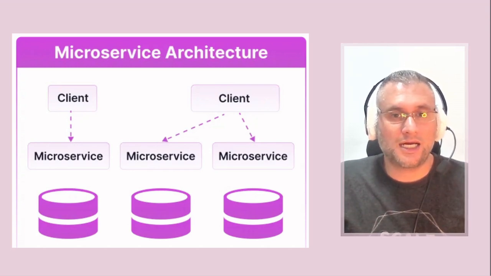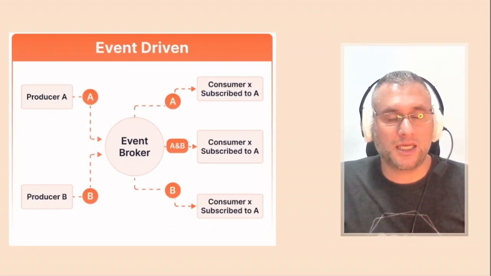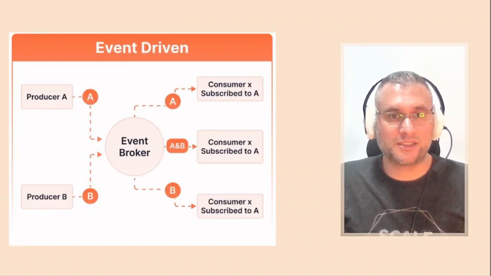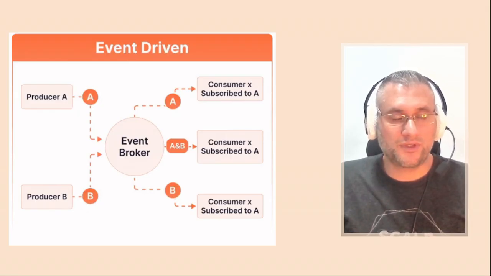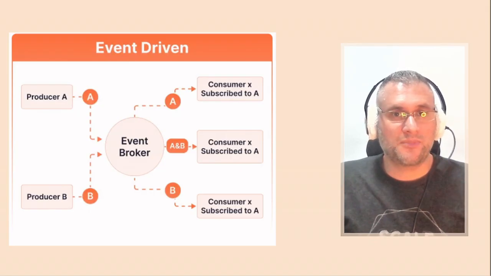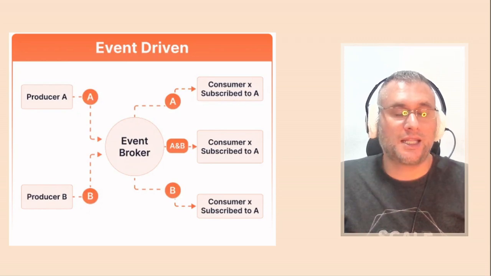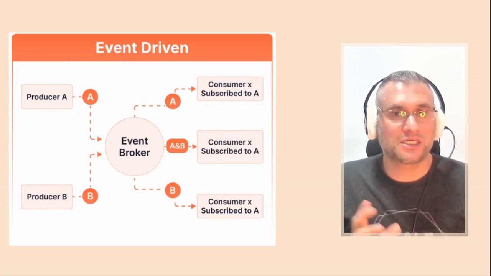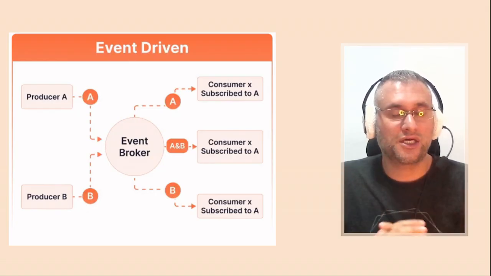And with that, I'm going to continue with another pattern. This one is the event-driven pattern, and in this pattern we have in the middle the event broker. A good example of this event broker could be Kafka, and in this pattern, the main goal is to have a producer and consumer, and the producer sends a message to this event broker, and the event broker sends this message to the consumer.